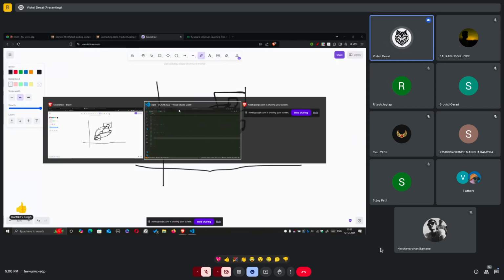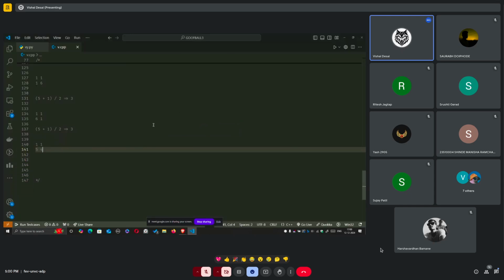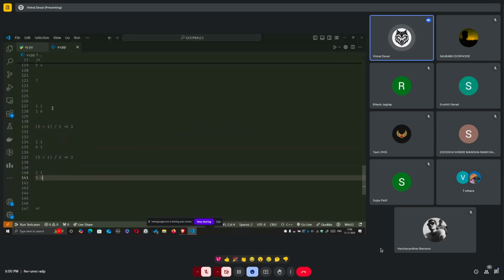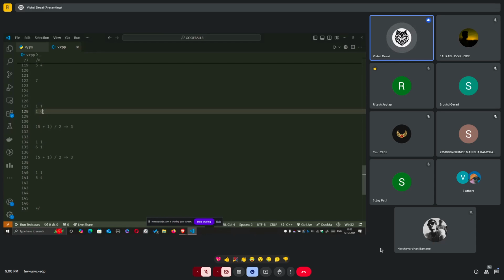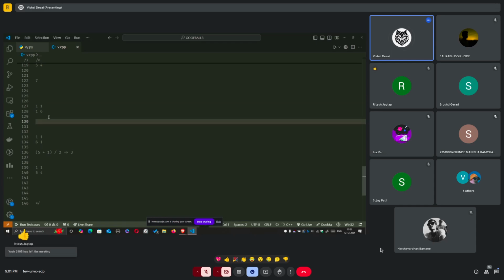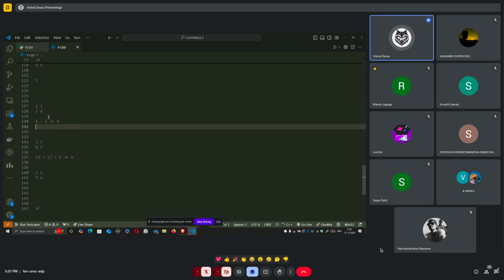What I told is, if there are 2 points, and if any of the coordinates is the same, that is the x coordinate of these 2 points is the same, then the distance will basically be the difference between the y coordinates. 6 minus 1, that is equal to 5, right?